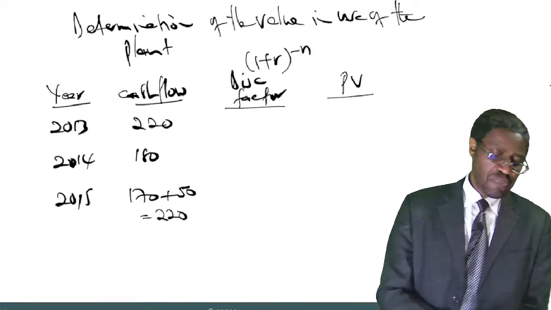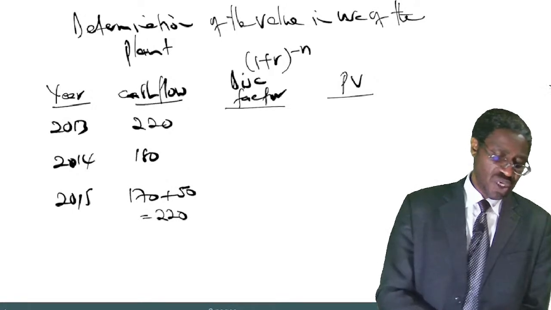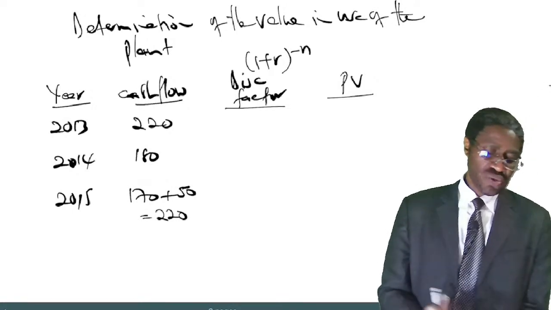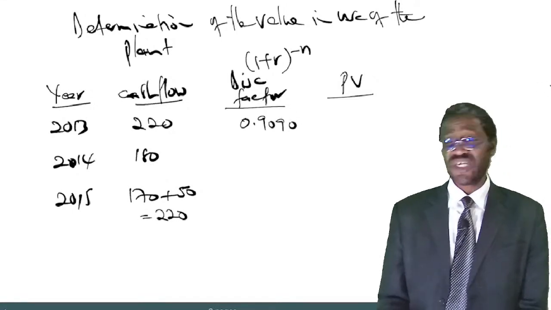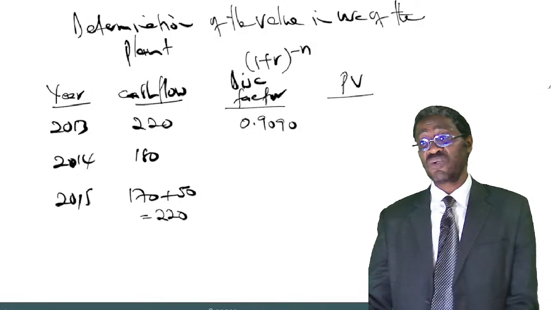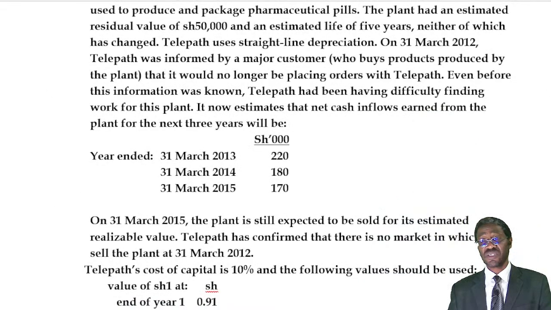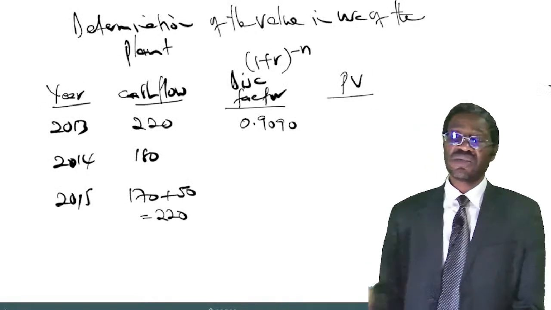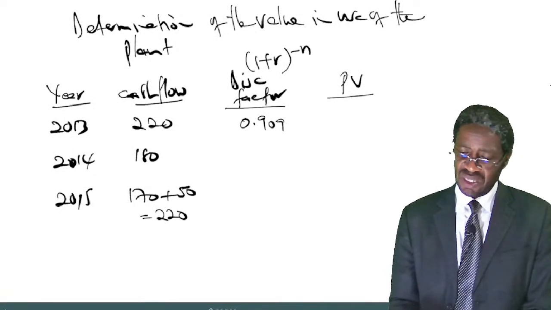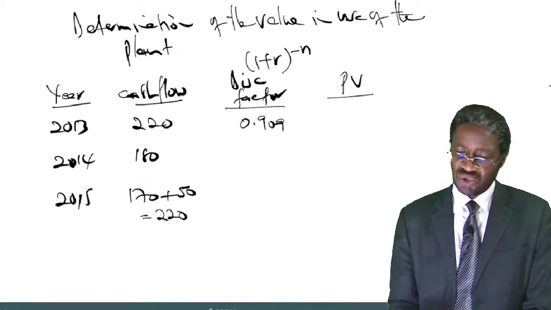That looks like 0.90 to the nearest 4 decimal places. The examiner gave us the discounting factor in the first year as 0.91, which is okay. Let me keep it to 2 decimal places: 0.91.